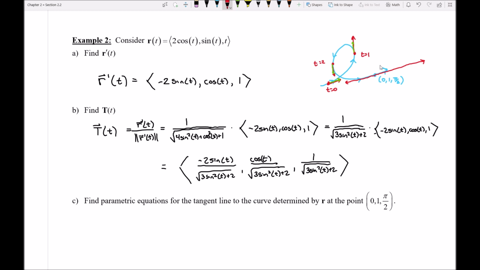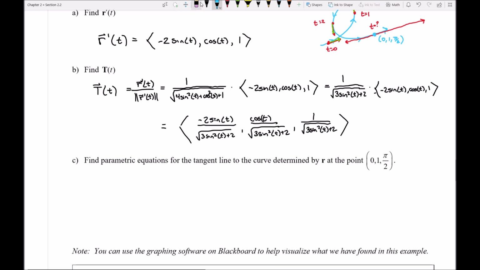If I knew exactly the time t that I needed in order to be at this blue point, then I would be able to go back to my r prime of t and actually build that tangent vector. And once I have the tangent vector, I have my quote-unquote slope for this line.